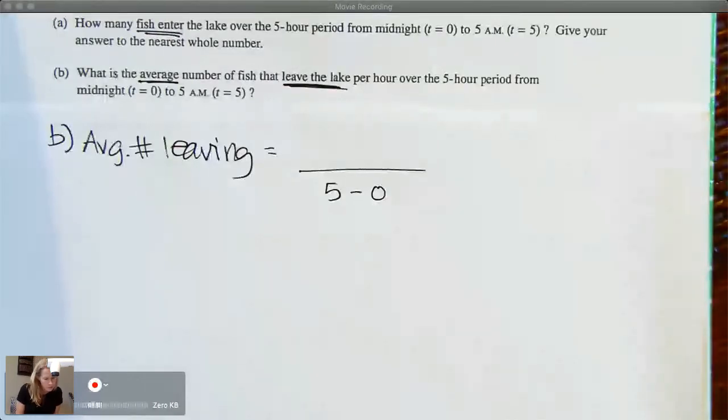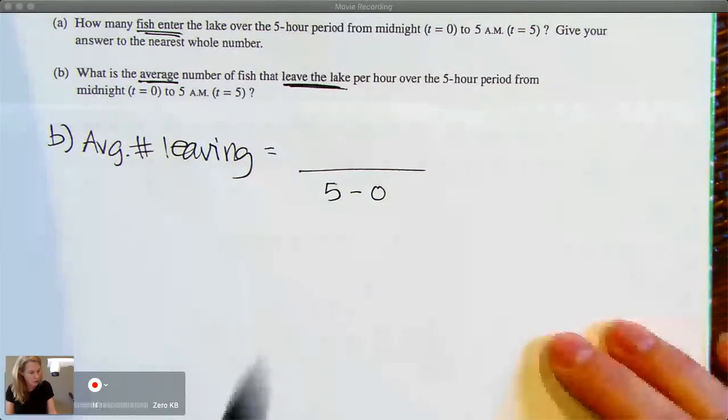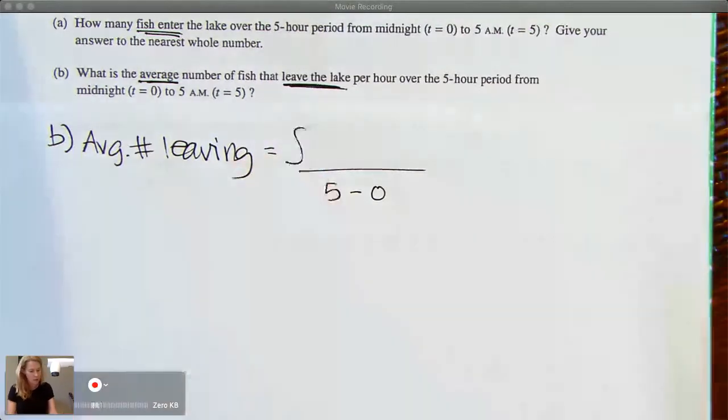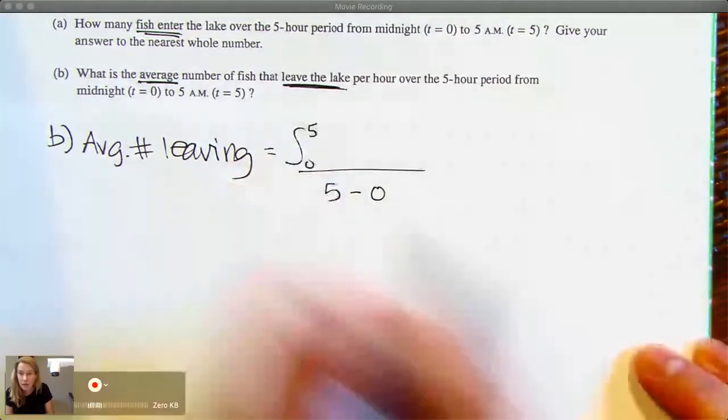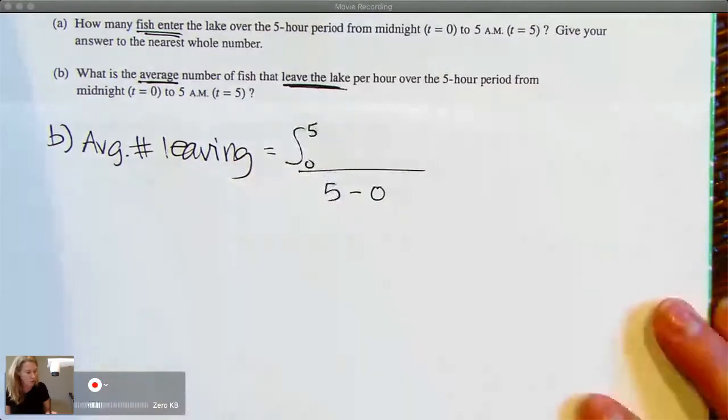We want the average number of fish that leave the lake. So we're going to want to integrate and get our value from 0 to 5 of the number of fish leaving.